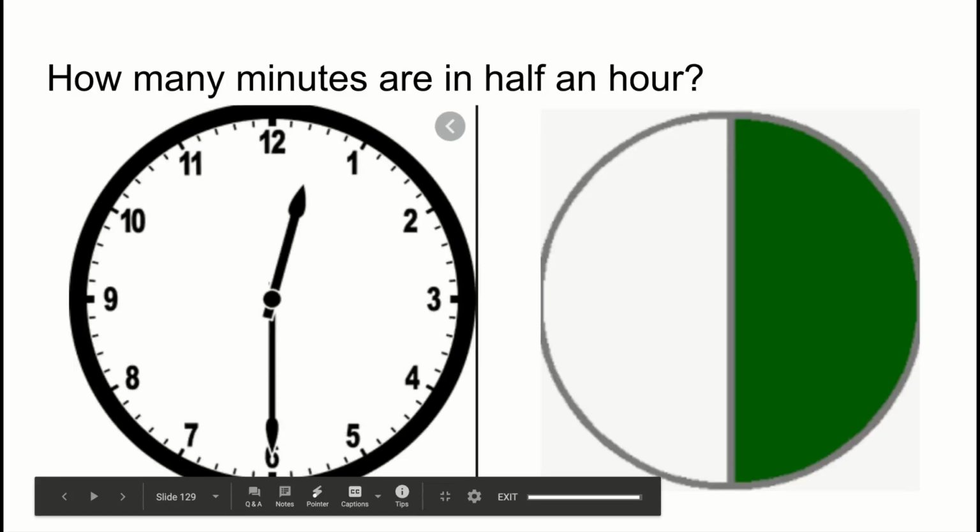How many minutes are in a half hour? Let's keep counting. 5, 10, 15, 20, 25, 30. There are 30 minutes in a half hour.